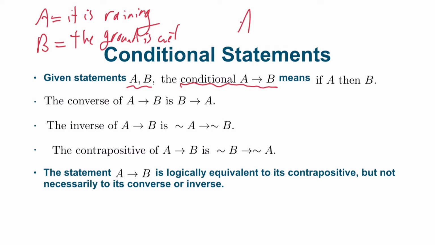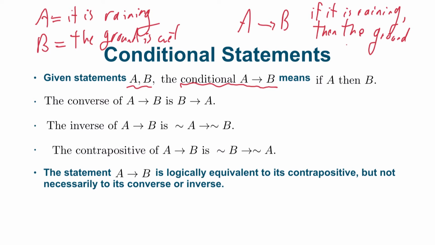Then the statement A arrow B would mean, "if it is raining, then the ground is wet," which seems reasonable, though we're not evaluating whether it's true or false. But that is one way to combine statements in mathematical logic, through this conditional operator. These are very important, understanding if-then statements.